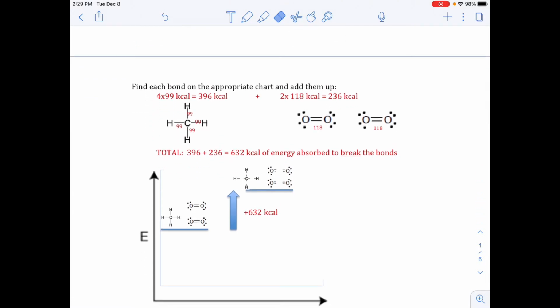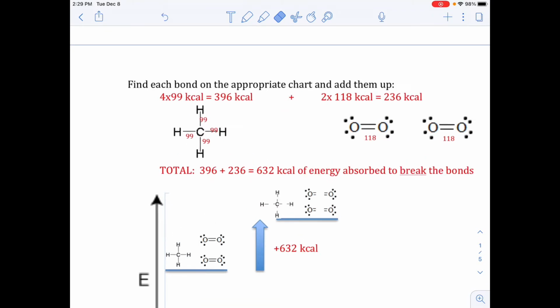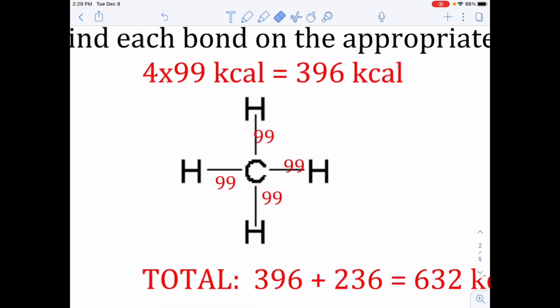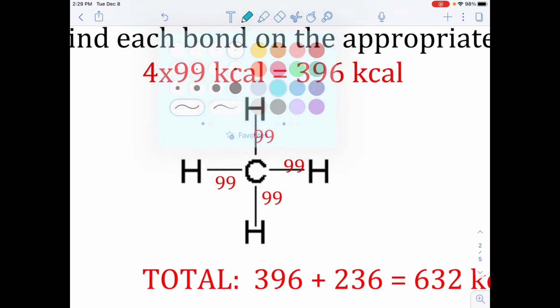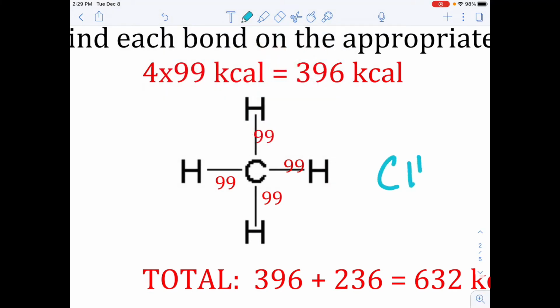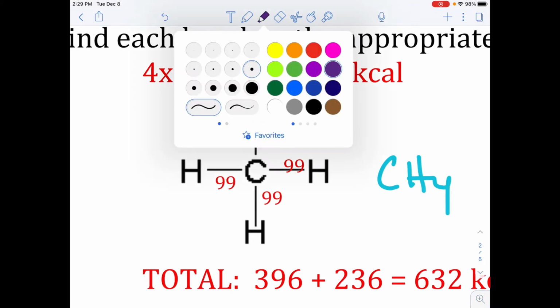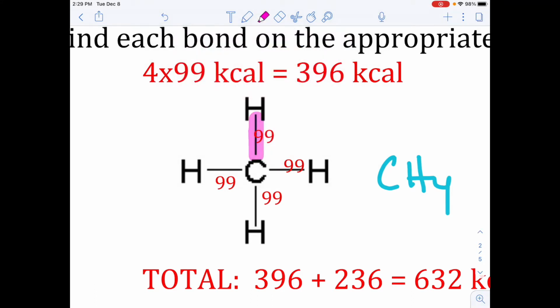So if I look at this first structure, the structure we started talking about today, this is CH4. All I have to do initially is look at each one of these bonds. Here, here, here, and here. Each one of those bonds on this structure is a carbon to hydrogen bond.